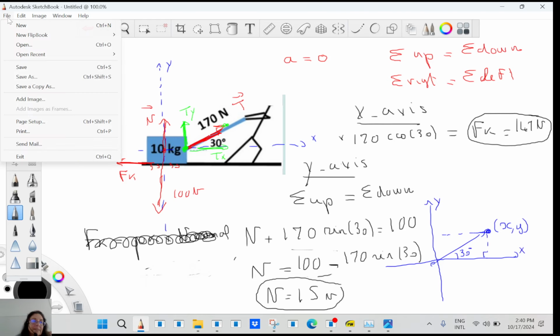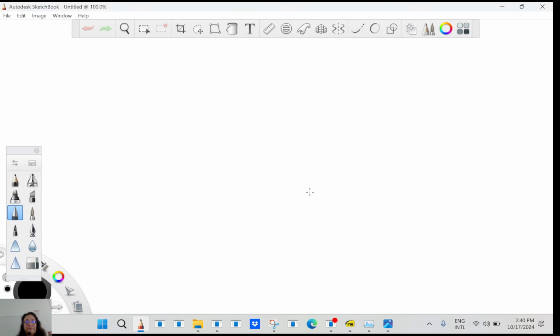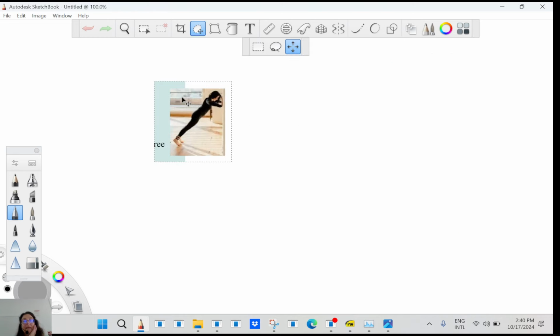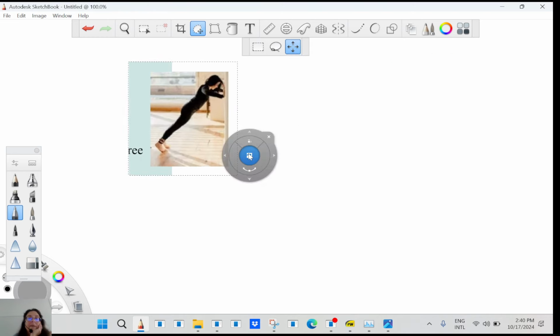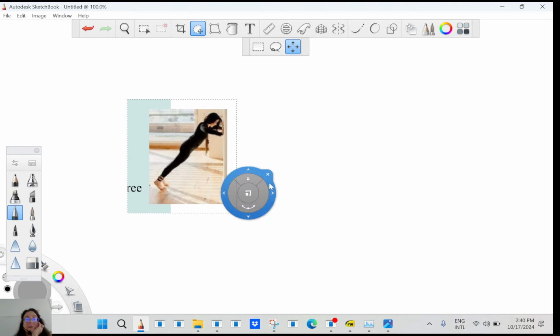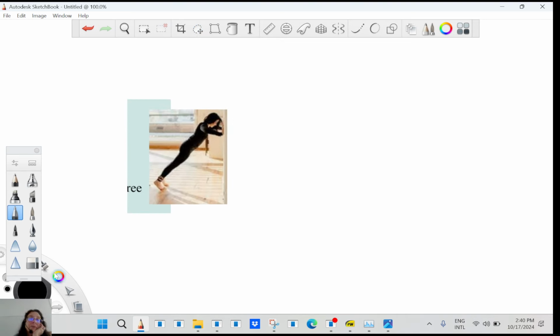Okay, the lady. So what are the forces? And she doesn't slide, right? So what are the forces acting on her? Gravity, very good. So gravity somewhere here, that's the center of mass. What else?